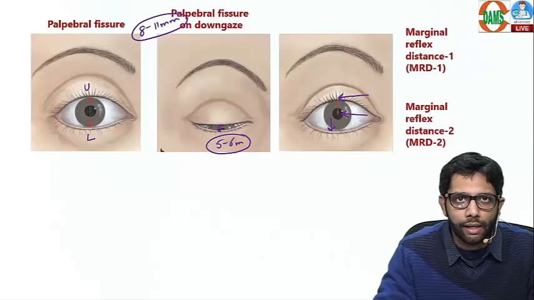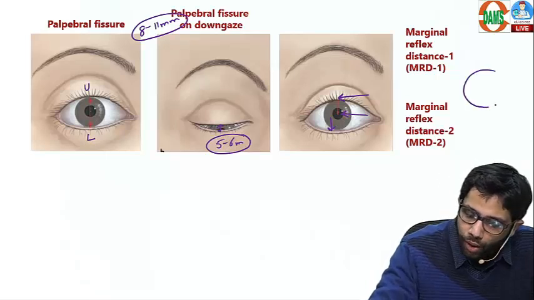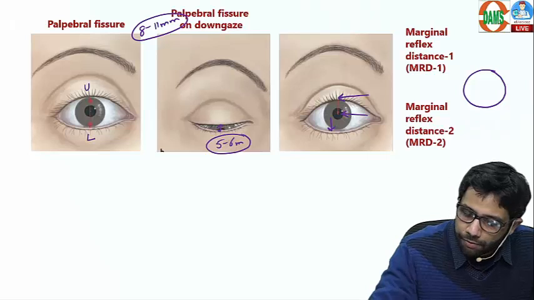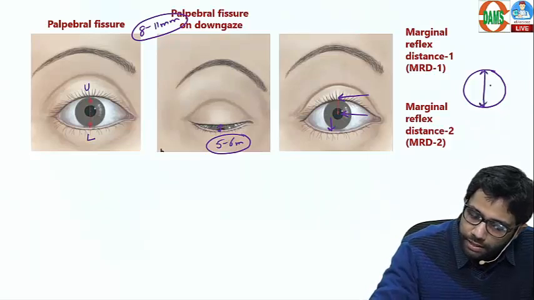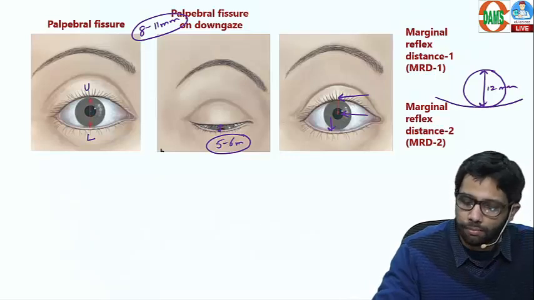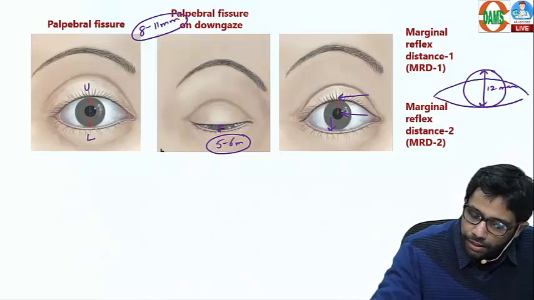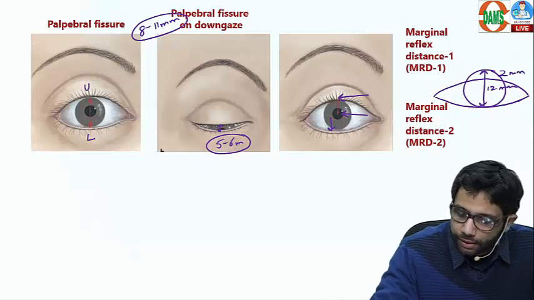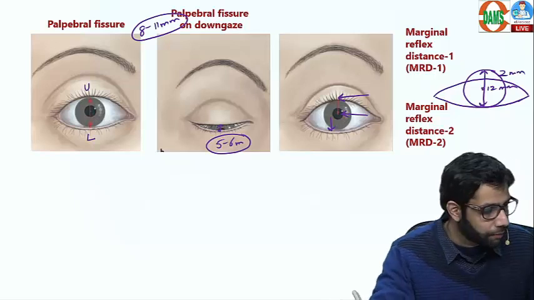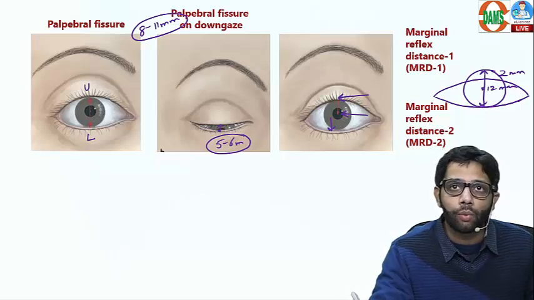Normally the upper eyelid covers 1/6 of the cornea. So for example, if I take a cornea of 12 millimeters, the lower eyelid is just at the level of the limbus and the upper eyelid covers 1/6 of the cornea, meaning 2 millimeters. So in this case normally how much will be the MRD1?